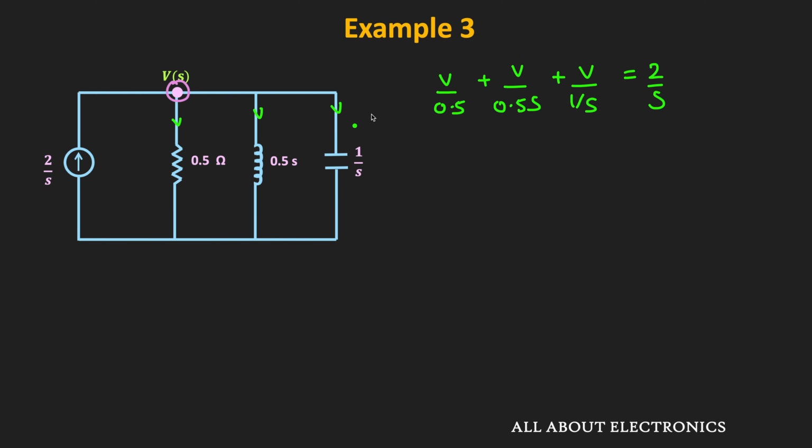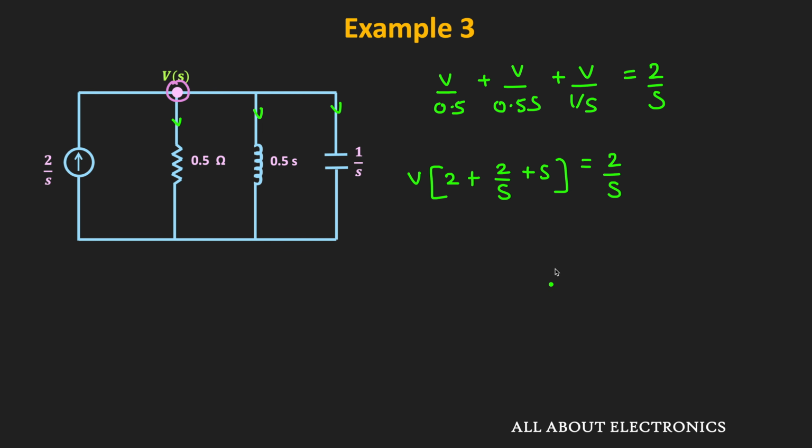Because as you know, as per the KCL, the summation of the incoming currents should be same as the outgoing currents. So further we can write it as V times 2 plus 2 divided by S plus S, and on this side we will have 2 divided by S.